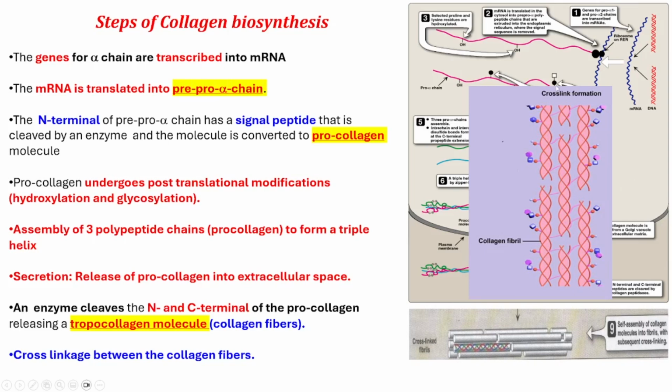And these will form, as you can see here, a cross-link between each other. This is what will make the tensile strength of the collagen very great. Okay, so they are cross-linking between the different chains of the collagen.